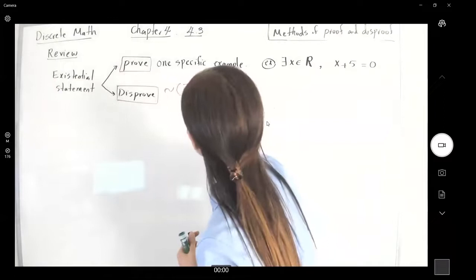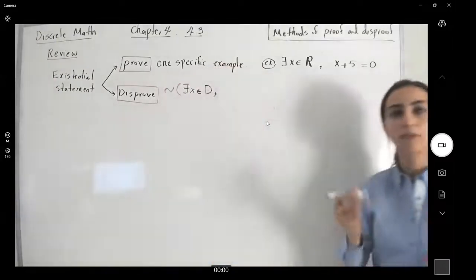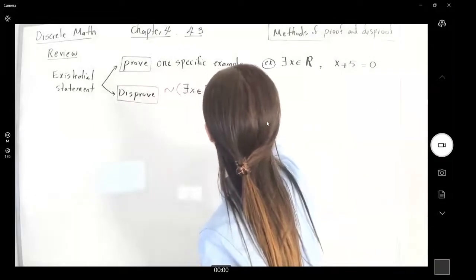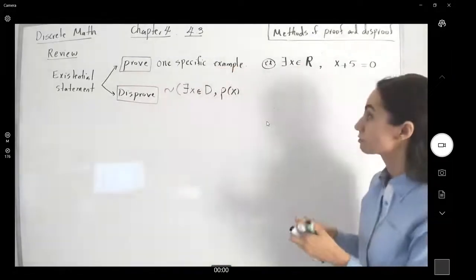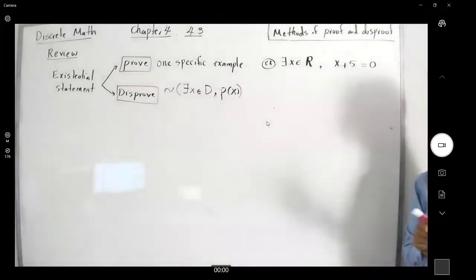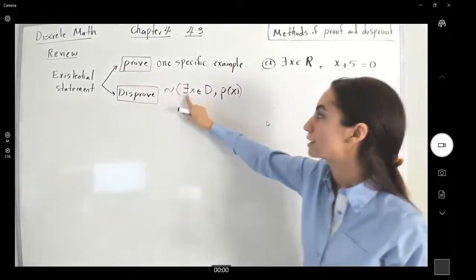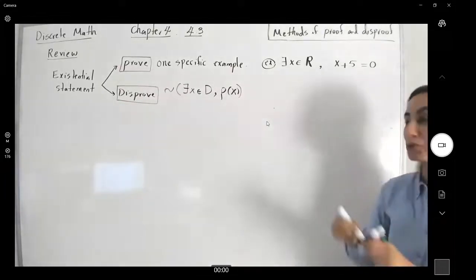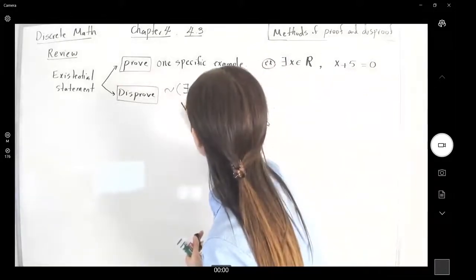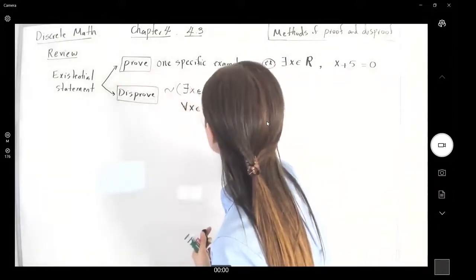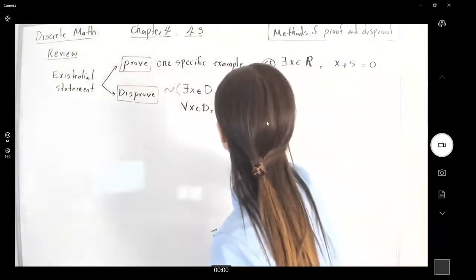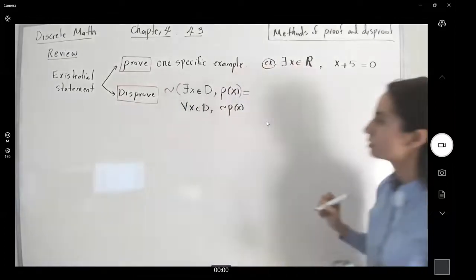Our x belongs to domain D, and we have a predicate, for example, P of x. This is equivalent to saying that the negation of an existential quantifier is going to be a universal quantifier: for all x in domain D, not P of x, the negation of P of x.